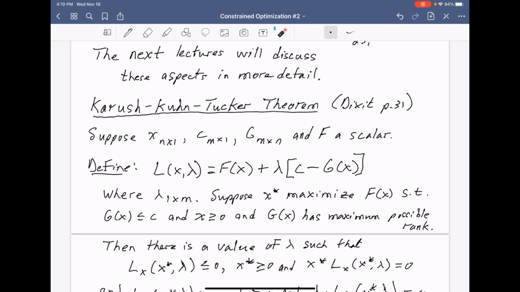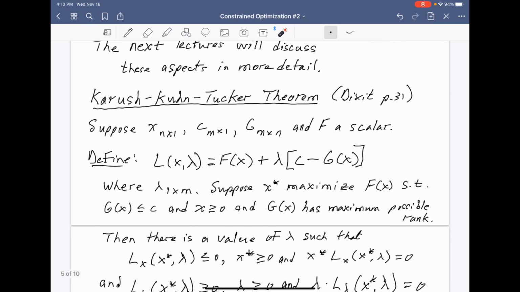Now suppose that x star maximizes f of x, subject to the requirement that the constraints are less than or equal to the c vector, and that x is greater than or equal to 0, and that g of x has maximum possible rank. In other words, it's non-singular. If it was singular, then the rank would be less than m. So the maximum possible rank here would be m.